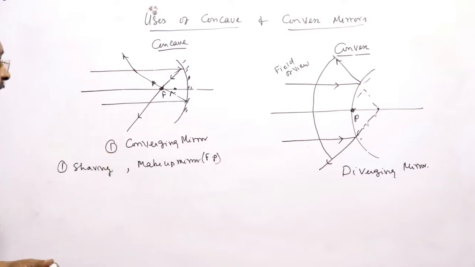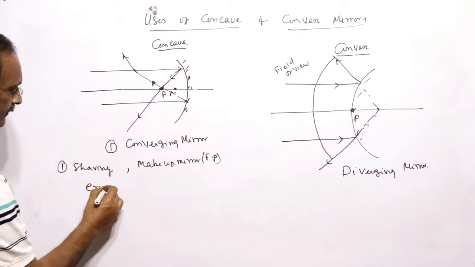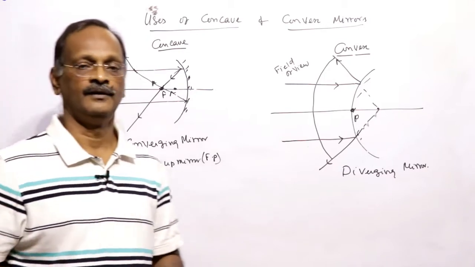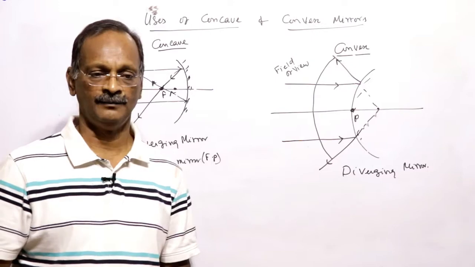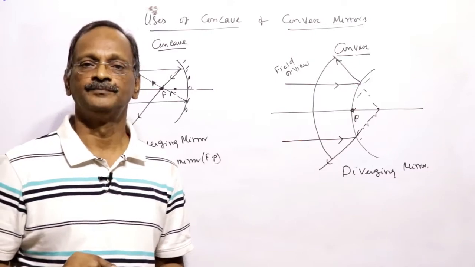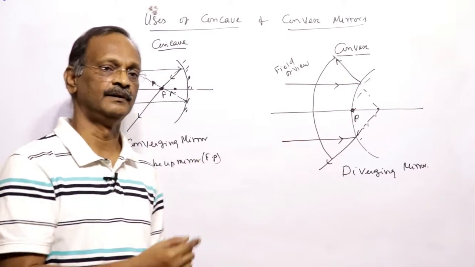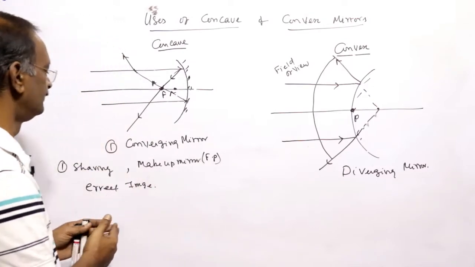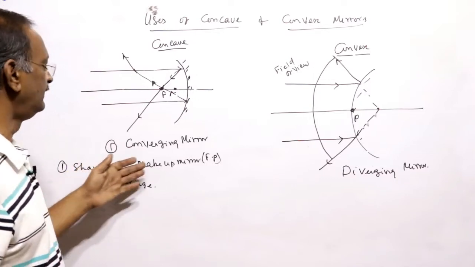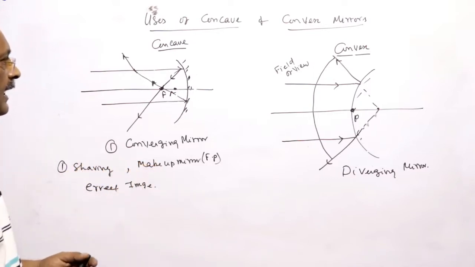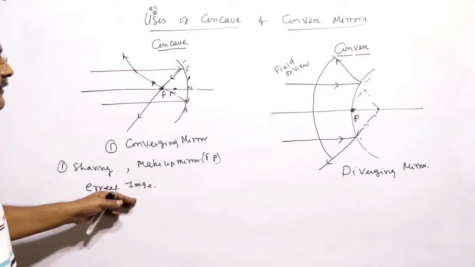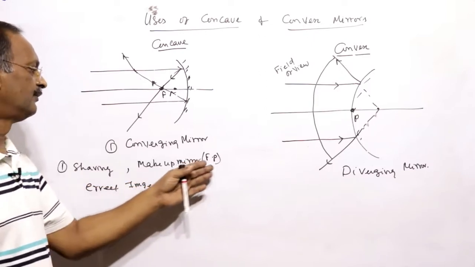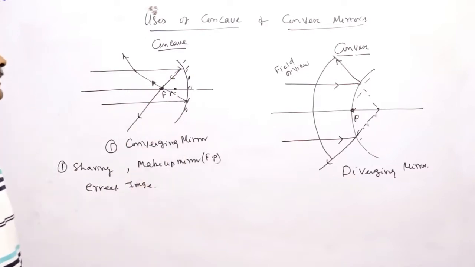It gives a magnified and erect image. Already we have discussed that when an object is kept between focus and pole, we get an erect image, and this is used for shaving and makeup mirrors, since we get an erect image when the face is closer to the mirror.